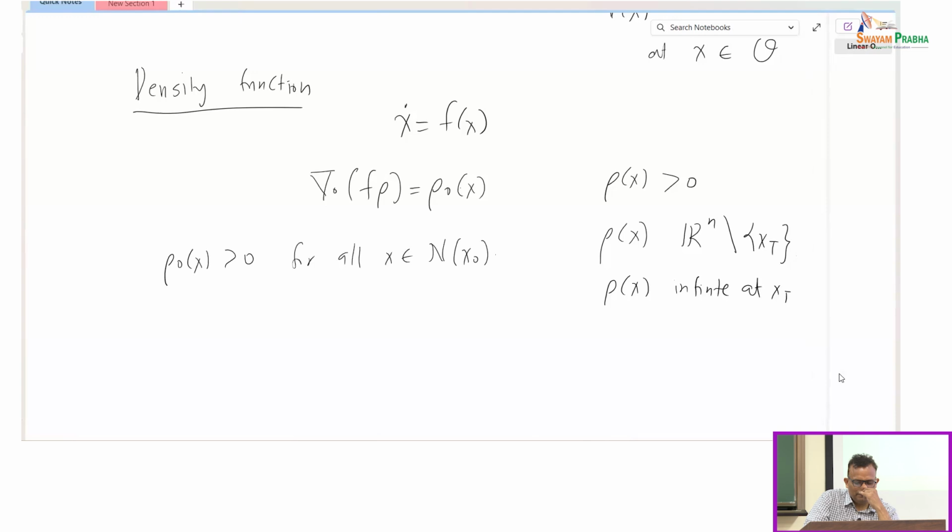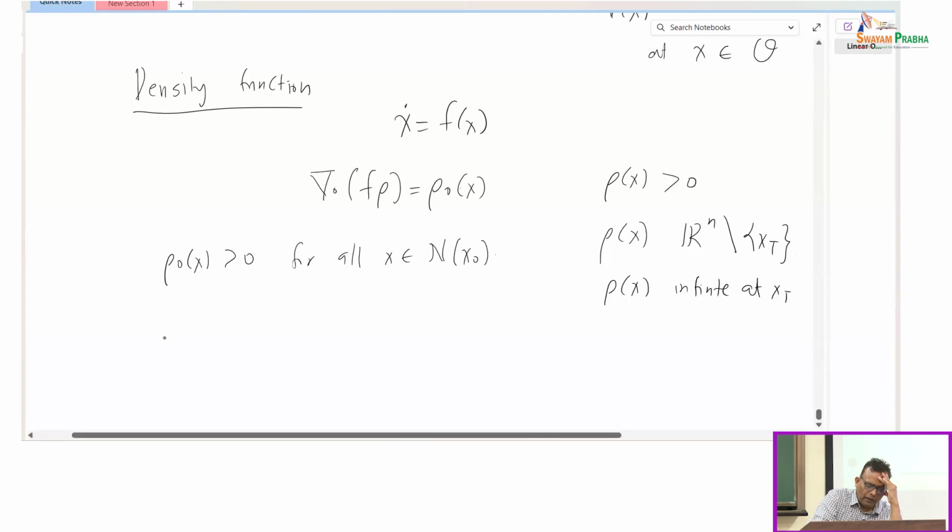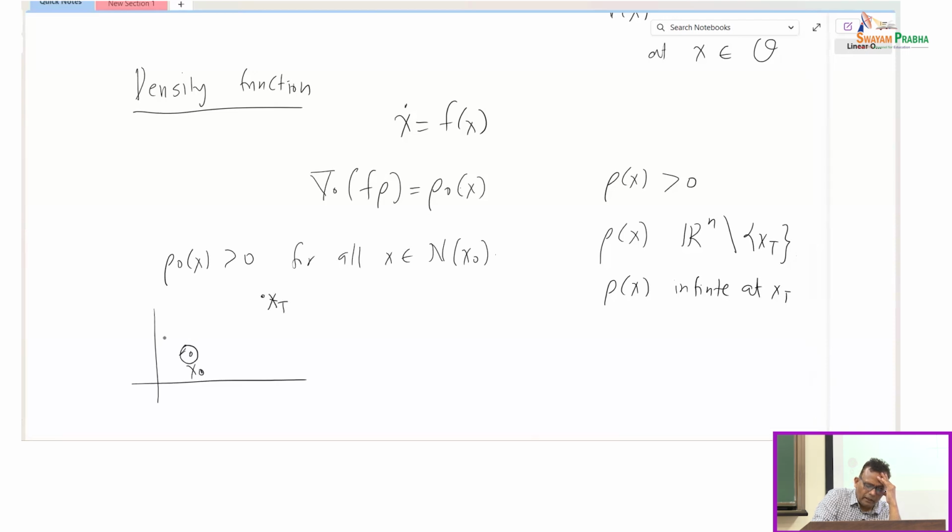Okay? Since I want to go from initial set to the target set, where my initial set is at x0 and the target set is at xt, I construct a ball around this x0, and I can define a function which is positive on this ball and 0 outside.